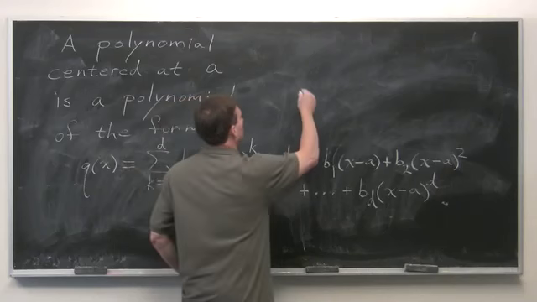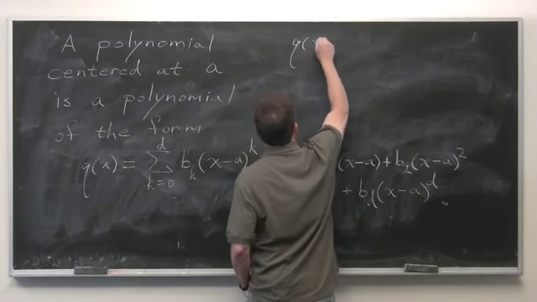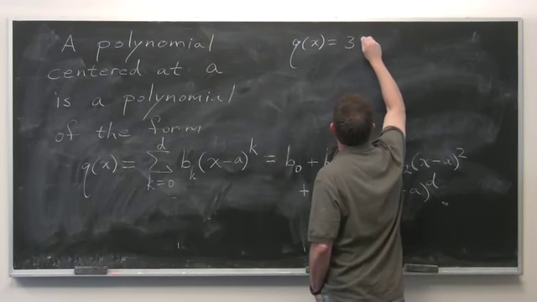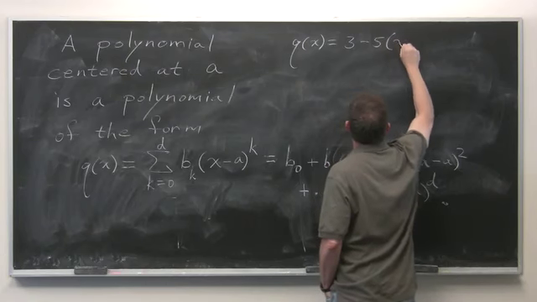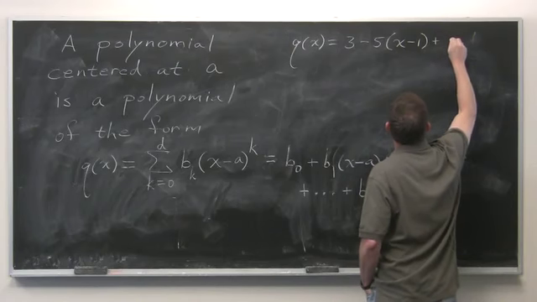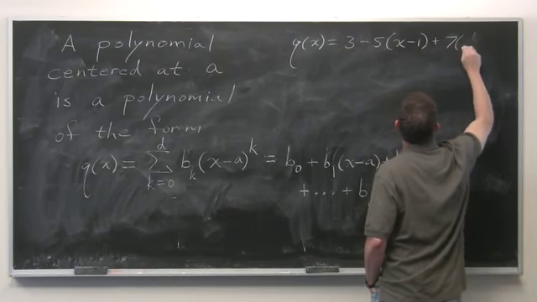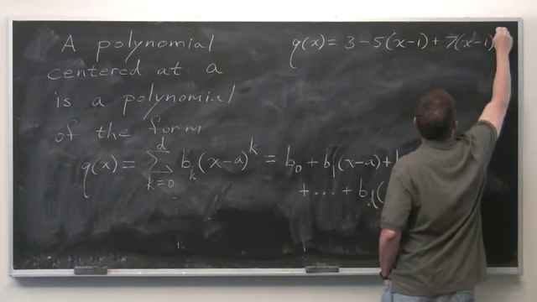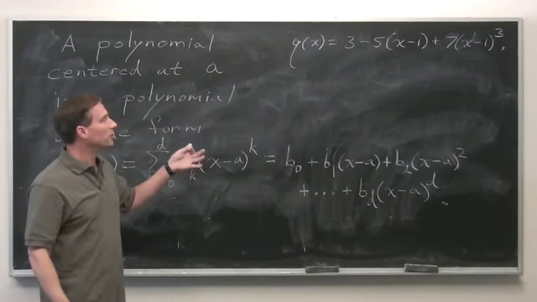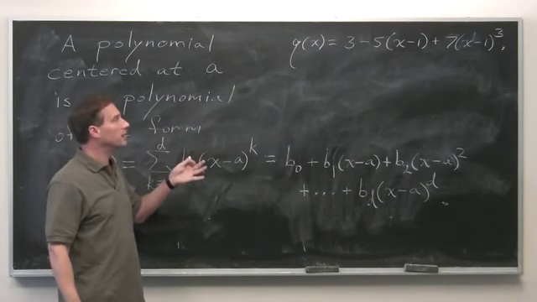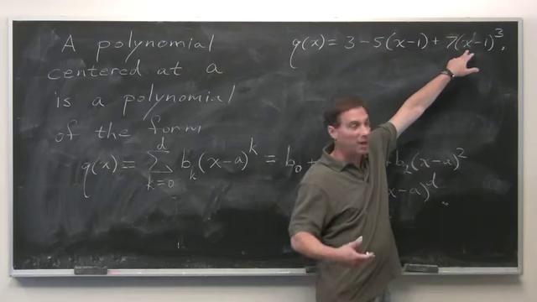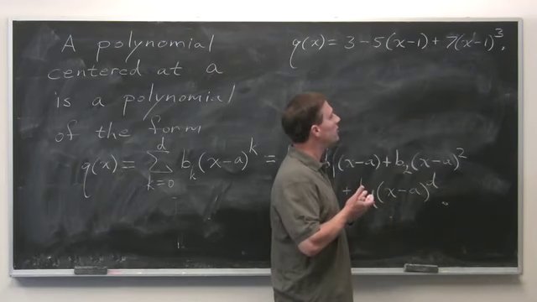So as an example, we might have q of x equals, just pick something, 3 minus 5 times x minus 1 plus 7 times x minus 1 cubed. That's a polynomial, but centered at x equals 1. Of course, we could expand this and rewrite it as centered at 0.